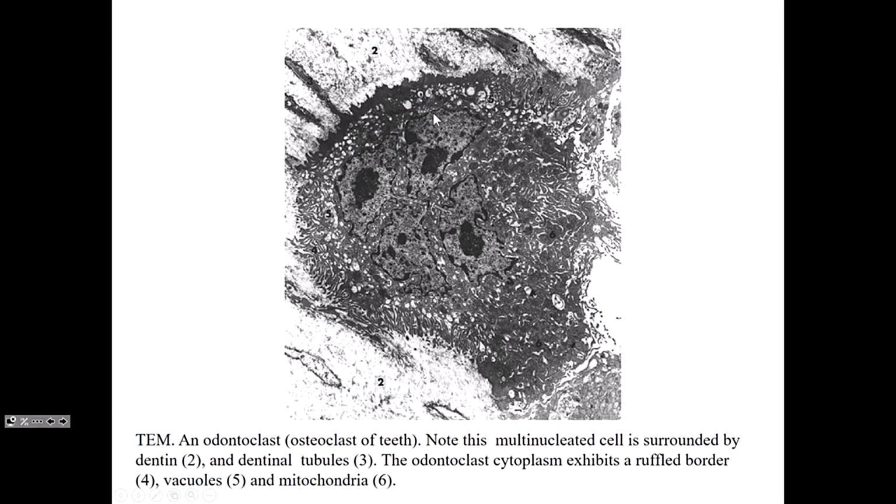And we can see the ruffled border where the cytoplasm is thrown into these folds, which is an adaptation to increase surface area for the resorption of the bone, or the tooth in this case. Okay, so again, structure of an osteoclast. Any questions on this one?